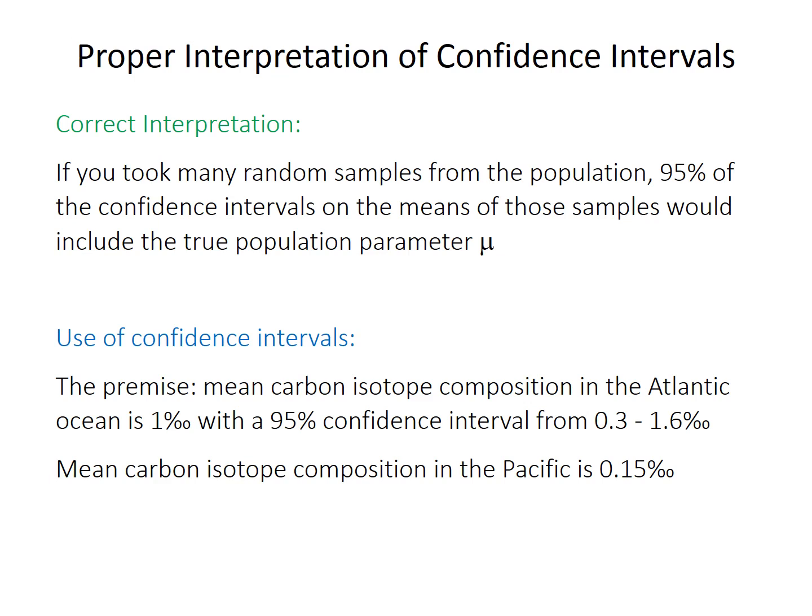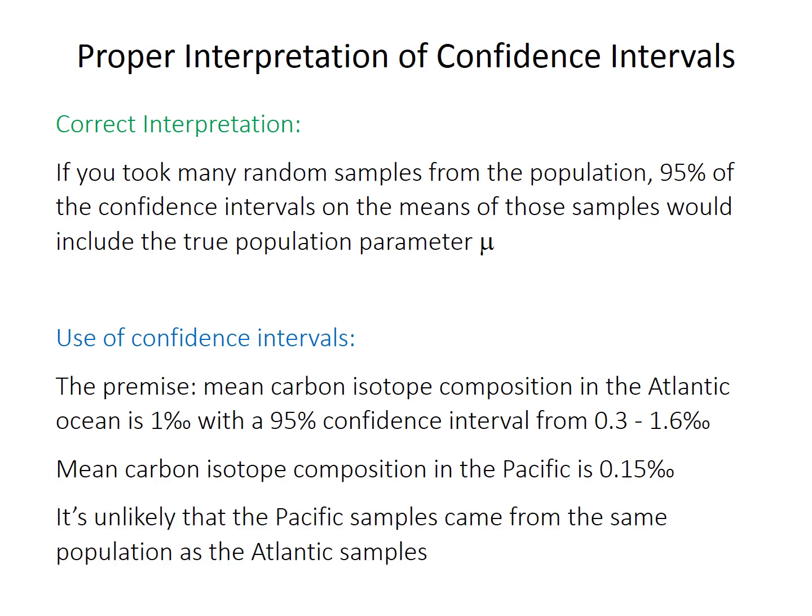Because of that, it's unlikely that the two groups come from the same population, and we can infer a significant difference between the carbon isotope composition in the different oceans. So basically, we would say this is not likely. If they came from the same population, our 95% confidence interval on that sample mean is 0.3 to 1.6, so they're probably not the same.